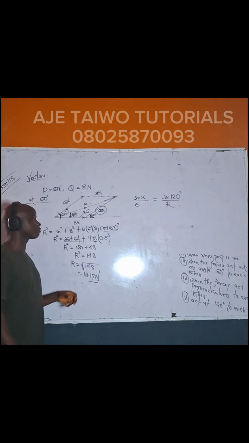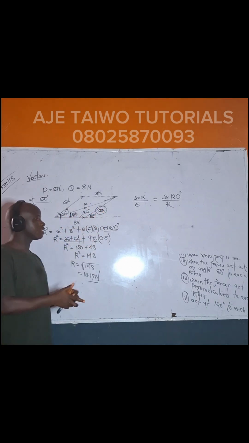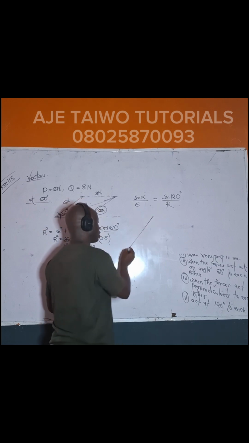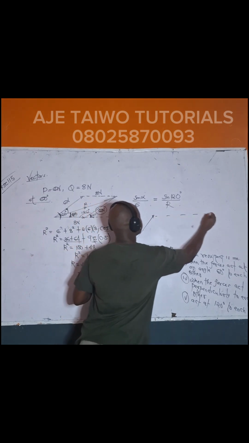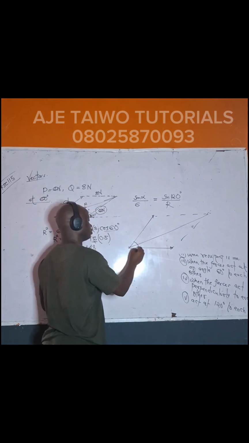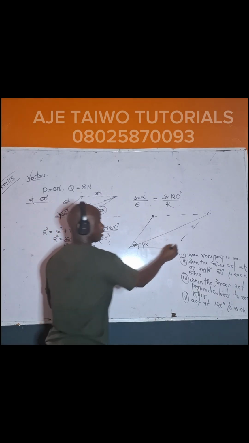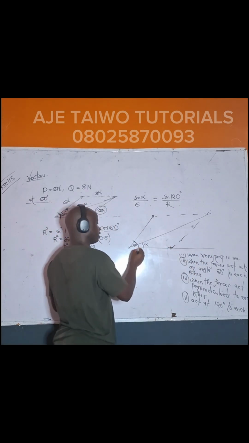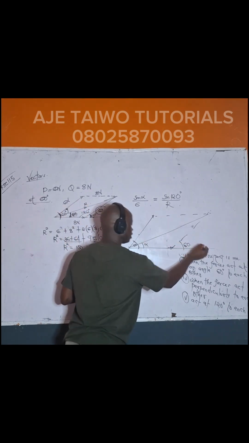So sine alpha over 6. See what I have done, so it doesn't look too clumsy. I've completed the parallelogram. This is the resultant. Here I was looking at 60 before. This is the alpha I'm looking for. And I said, if here is 60, here too must be 60. This line is this line.